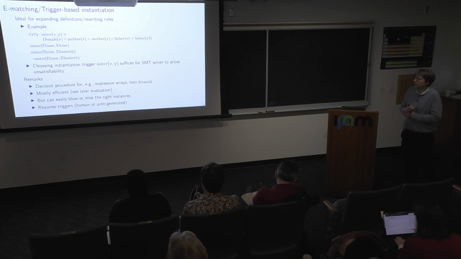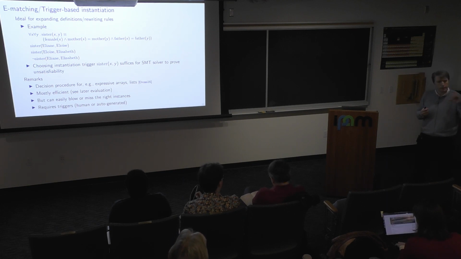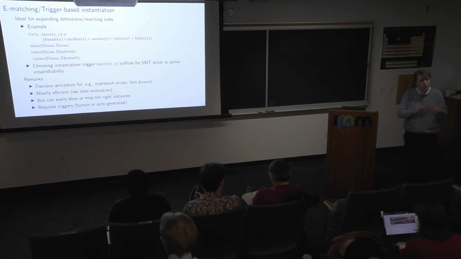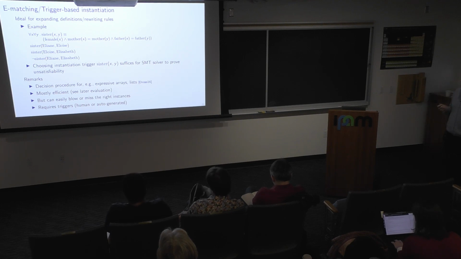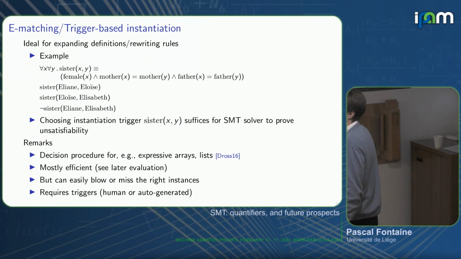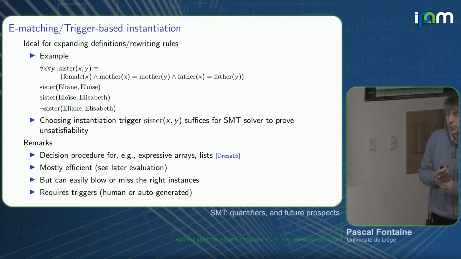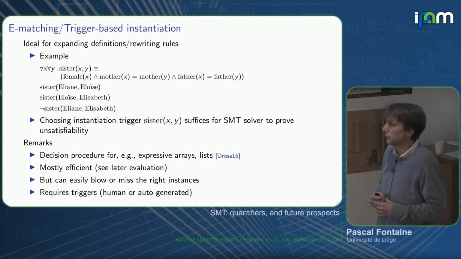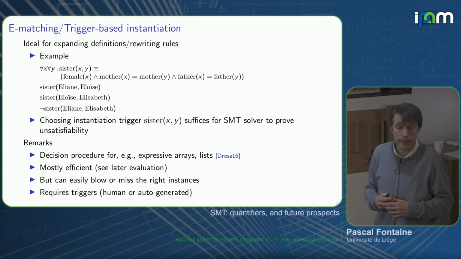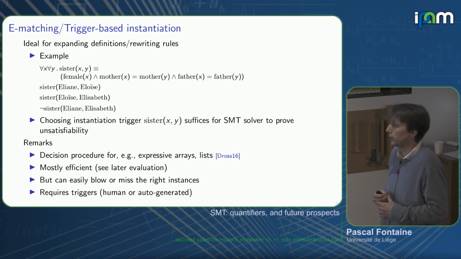For instance, you can have a series of arrays or a series of lists that would be modeled as a set of axioms, basically with carefully designed triggers so that the ground instances are generated as we want, to have a decision procedure. This technique is mostly efficient, and this works well in practice, but it can also blow up or miss the right instances very easily. So there are other techniques that we will need.